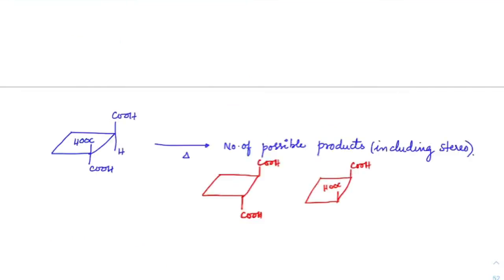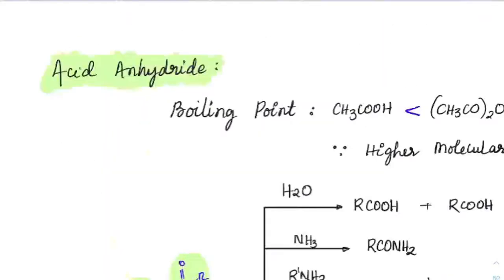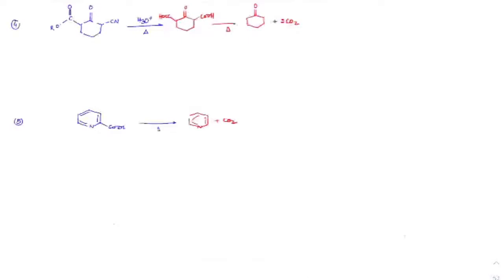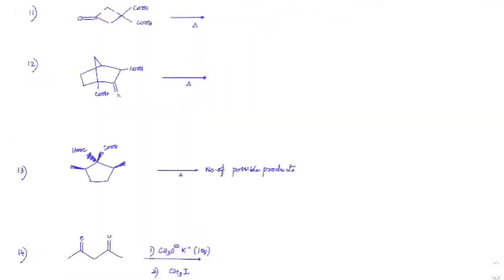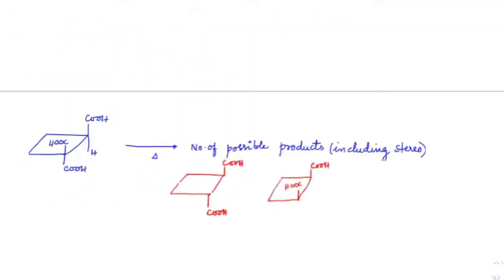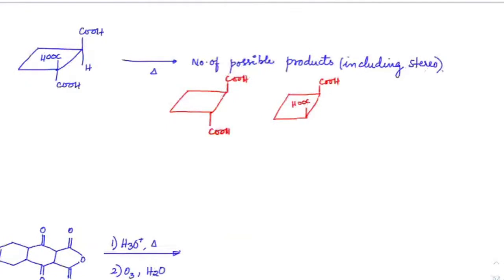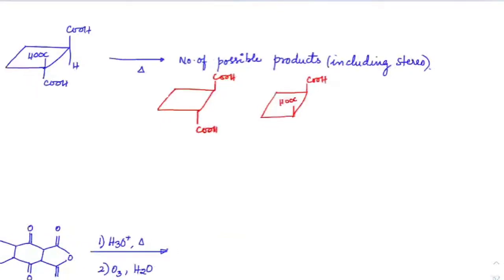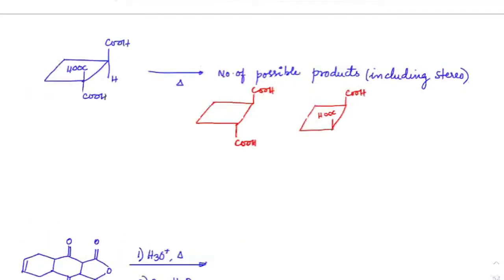Got it? One second, I forgot. Yeah, there is one good question I've added in the last. So these two you will get for sure, which is decarboxylation. Along with decarboxylation, we may also get this anhydride form, because if they are on the same side of the plane, we might get anhydride also.